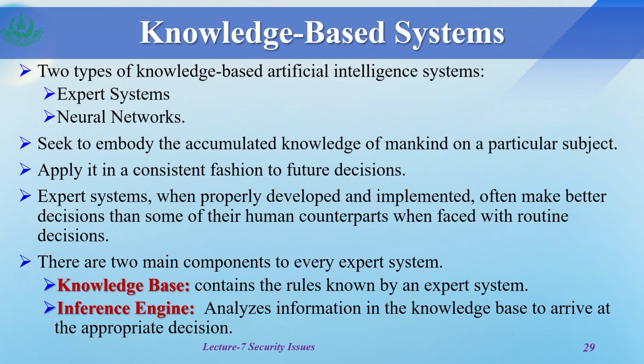There are two types of knowledge-based systems: artificial intelligence systems, namely expert systems and neural network systems. They seek to embody the accumulated knowledge of mankind on a particular subject and apply it in a consistent fashion to future decisions. Expert systems, when properly developed and implemented, often make better decisions than some of their human counterparts when faced with routine decisions.